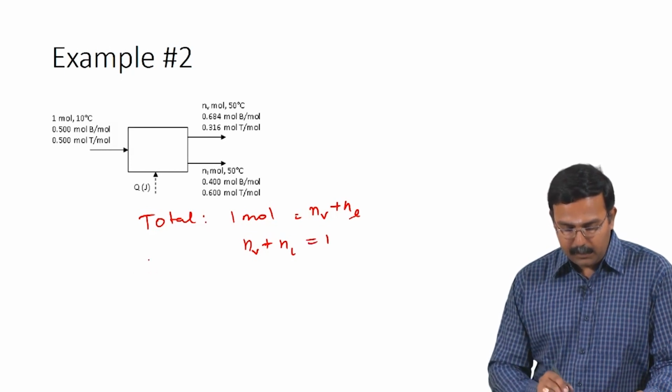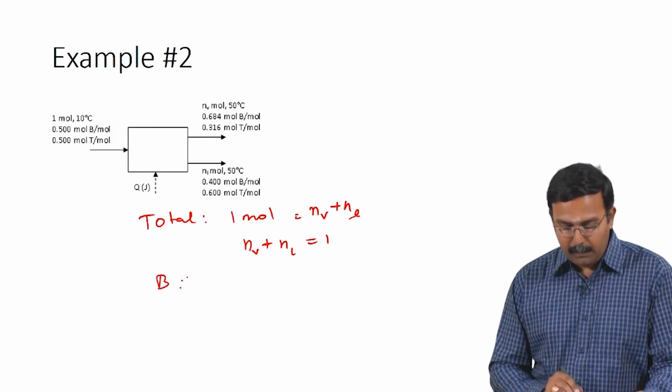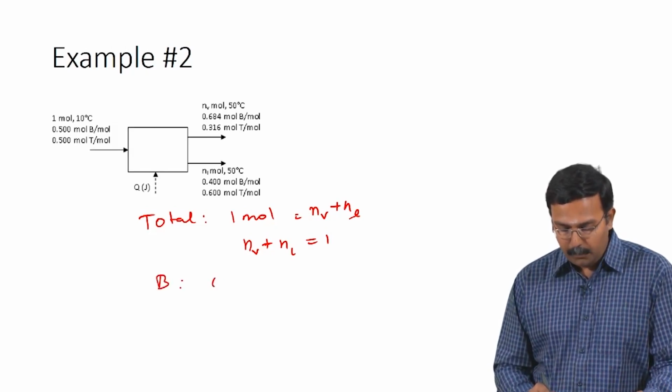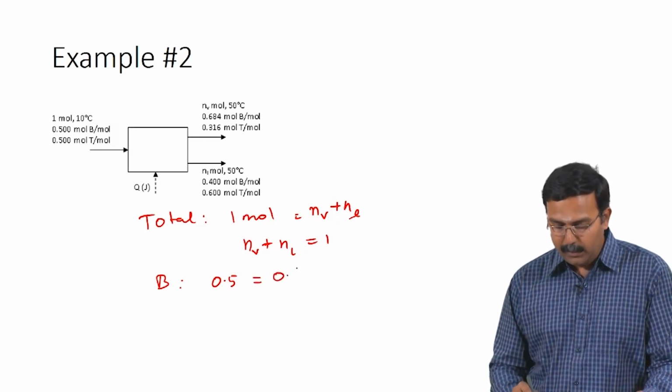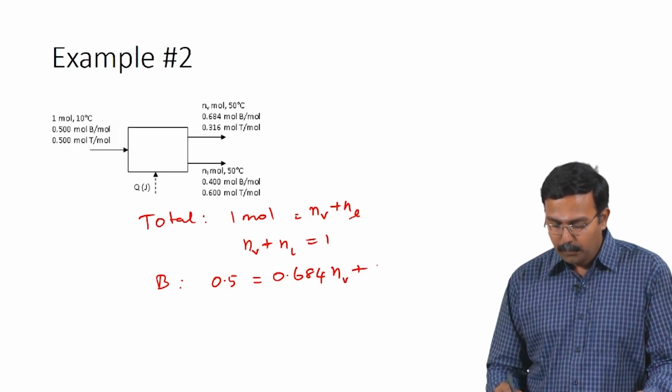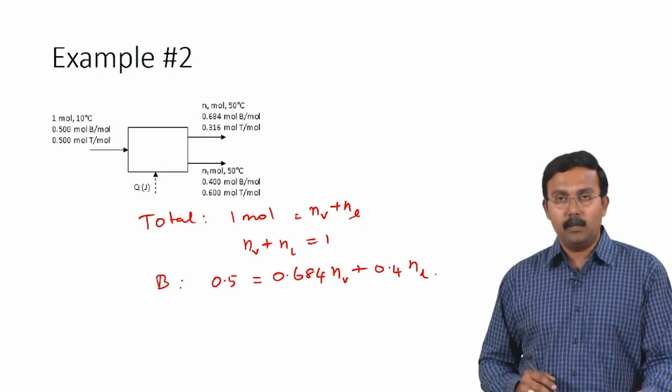The second equation can be a component balance either for benzene or toluene. I have written the balance for benzene, which would be 0.5 moles of benzene entering is equal to 0.684 times NV plus 0.4 times NL. Now we have two equations and two unknowns.